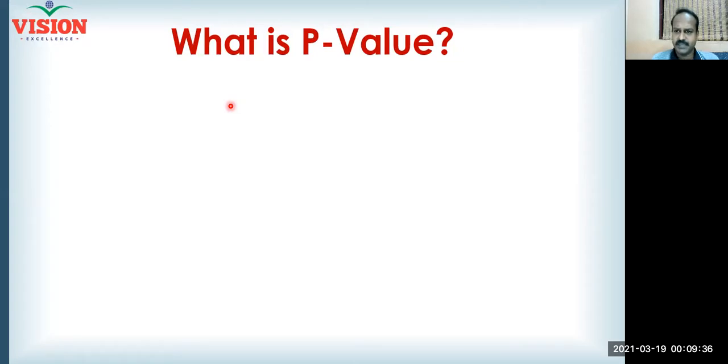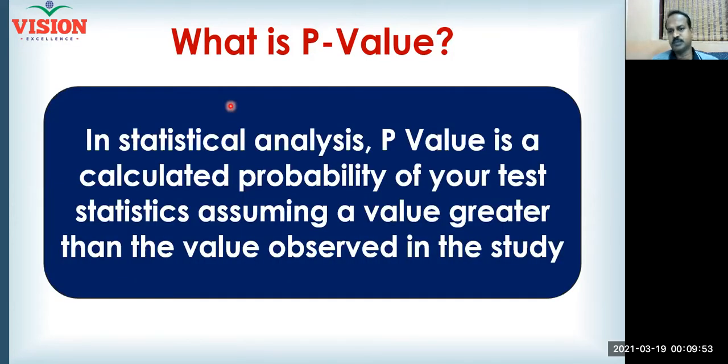In statistical analysis, p-value is a calculated probability of your test statistic assuming a value greater than the value you observed in the study. So p-value, the probability of significance, is nothing but the calculated probability of your test statistic being more than the value you have observed in the study.